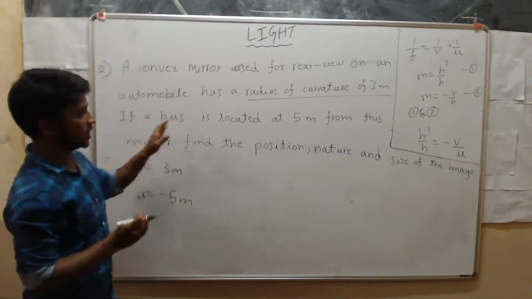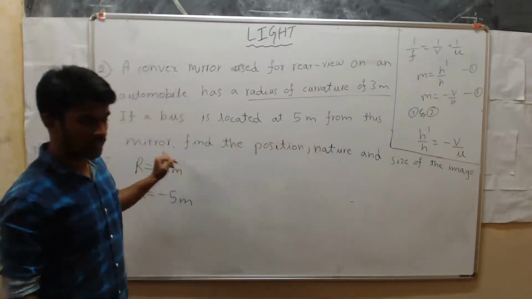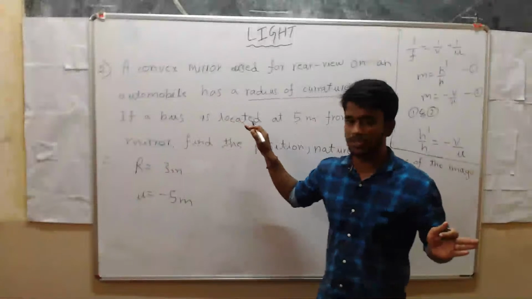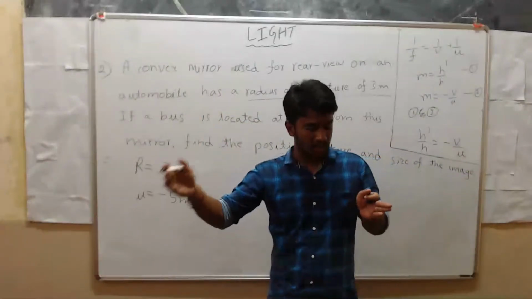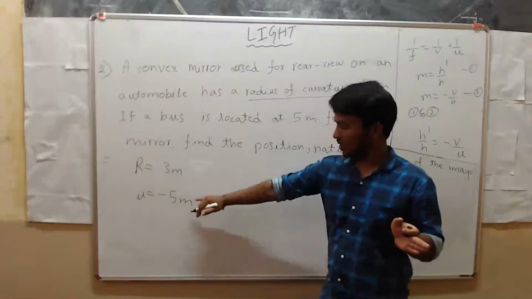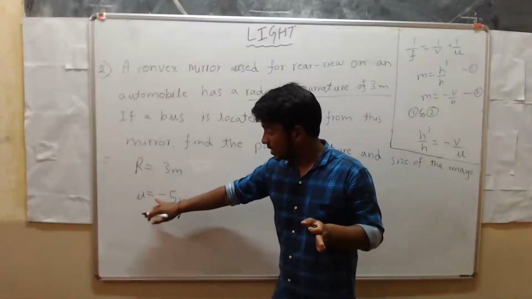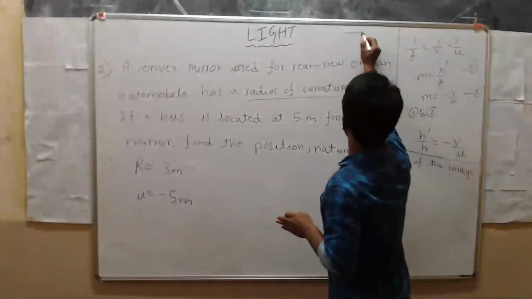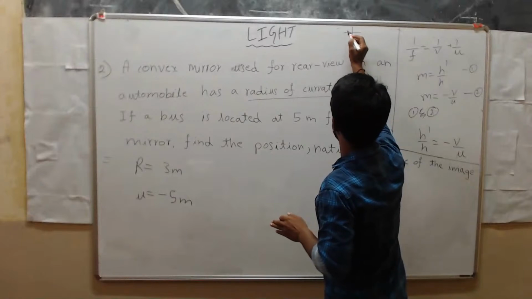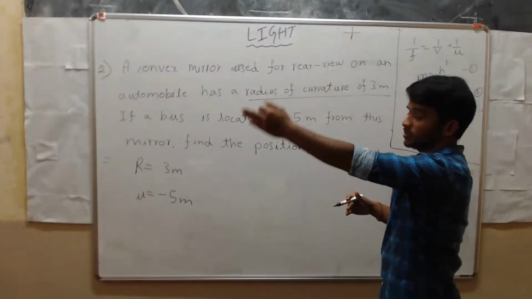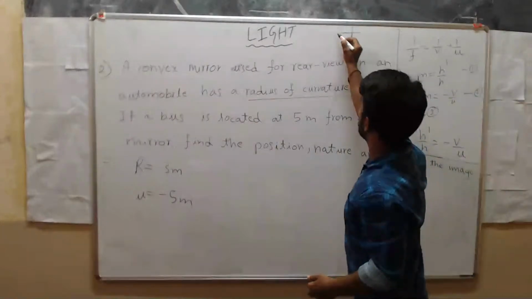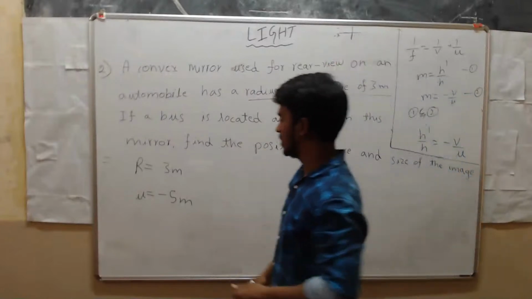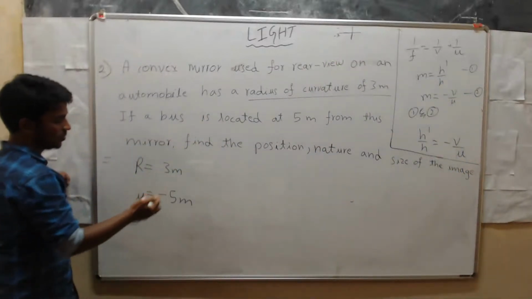The distance between object and mirror, here bus is the object, is 5 meter, and here we should write u is equal to minus 5 meter. Why? Because according to our graph, we always keep the object at the left hand side, which means minus x. We should measure that object distance with respect to the minus x axis. So that's why u is equal to minus 5 meter.